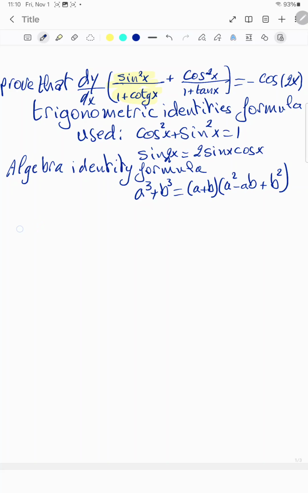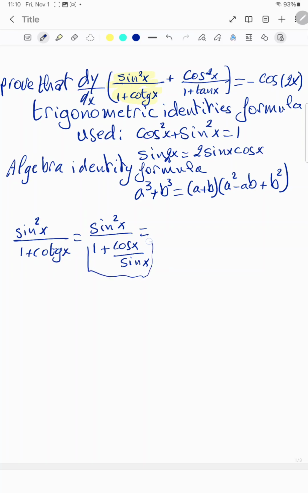So my sine square of x divided by 1 plus cotangent of x, I can write it as sine square of x divided by 1 plus cosine of x divided by sine of x, because cotangent is cosine divided by sine. And I will have a common denominator in the denominator here.